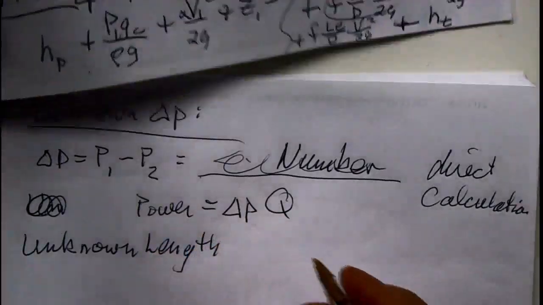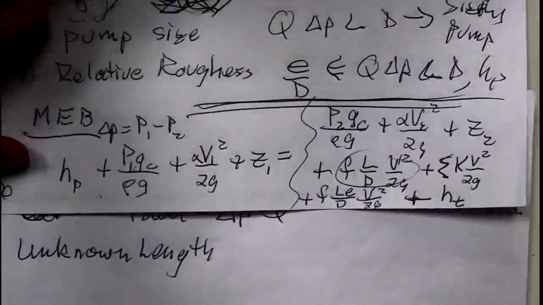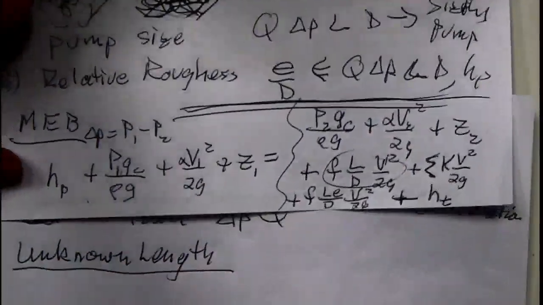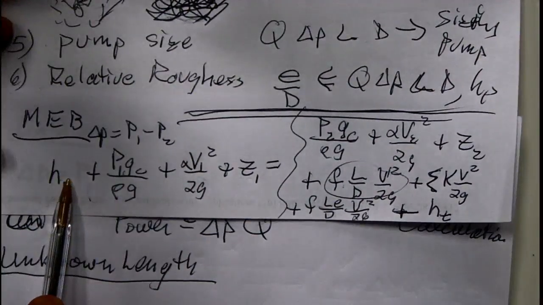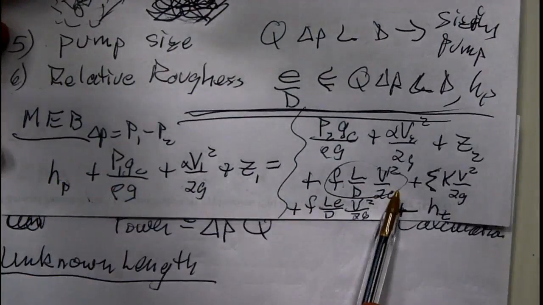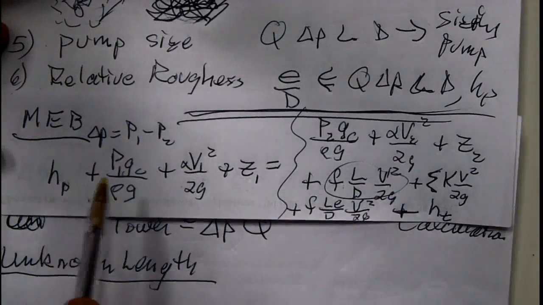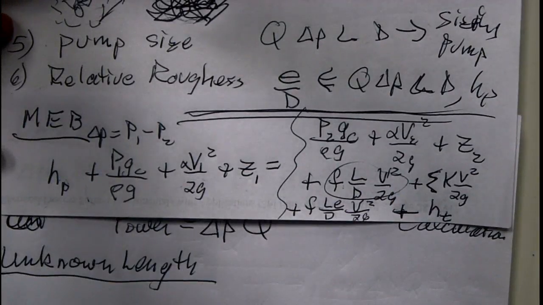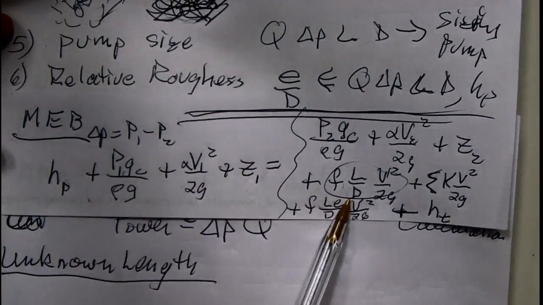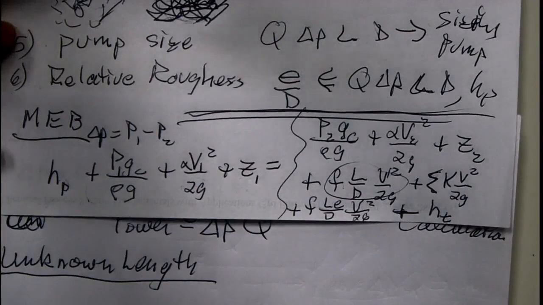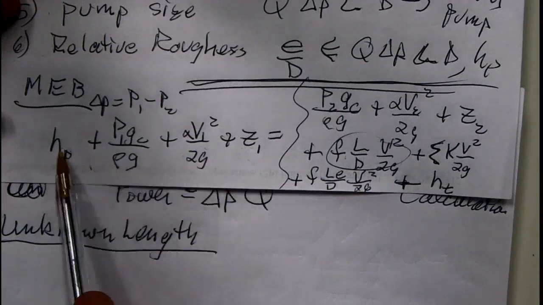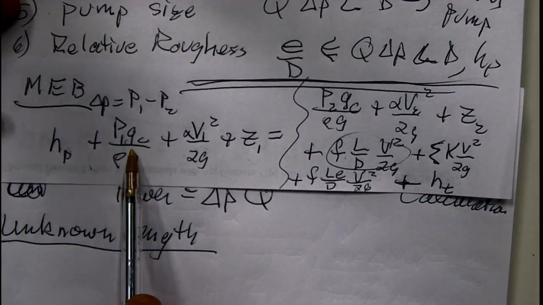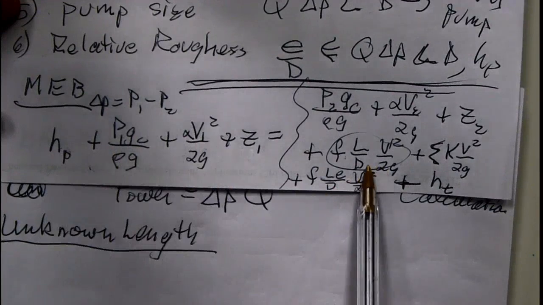Now then, for unknown length, right? Again, this would be equipment placement. We were using two examples: the Alaska pipeline and also placement of equipment under the hood of a car. Or you have two unit operations.